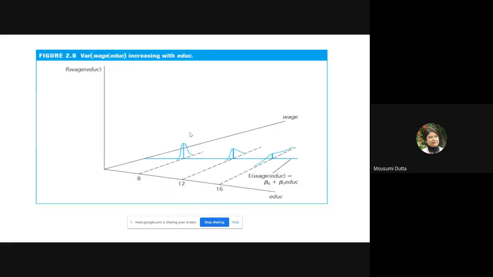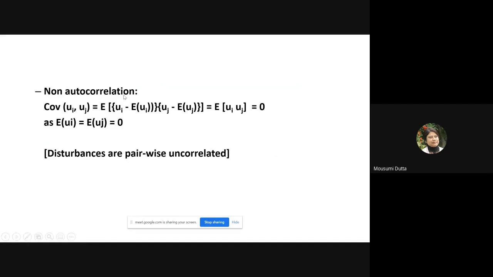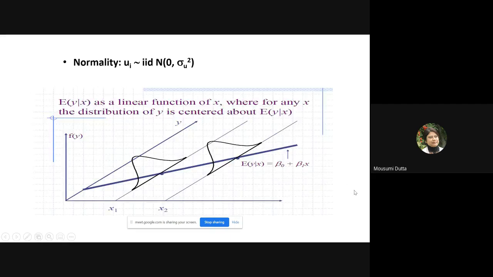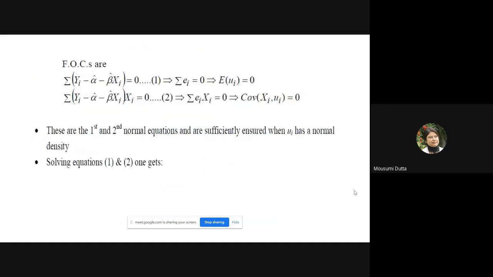And another assumption we discussed, covariance between ui and uj, which to begin with is expectation of ui minus expectation of ui times uj minus expectation of uj, which reduces to simply expectation of ui uj, as expectation of ui and expectation of uj are equal to 0. That is equal to 0, which we are calling the non-autocorrelation assumption.